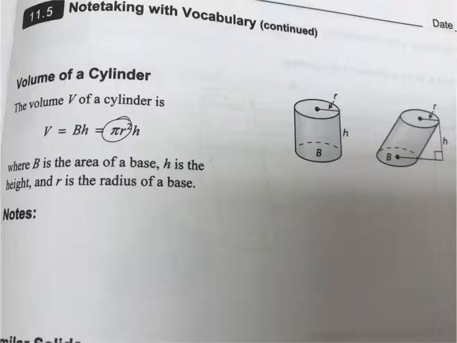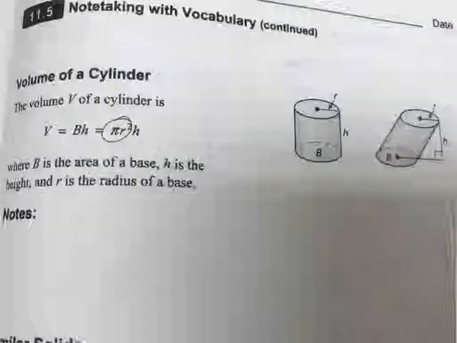Find the area of the base, multiply it by the height, and you got the volume. But there will come a time where they say, find the height, and they give you the volume, and somehow you know the area of the base, and then you can divide off that and get the height. So you're going to have to do some algebra for any missing piece that they want. Again, this is just to show you different things.